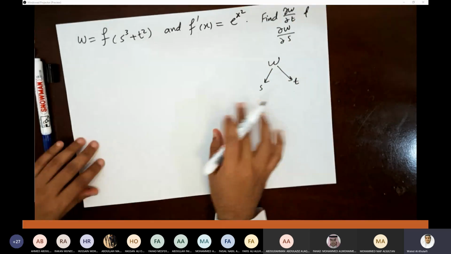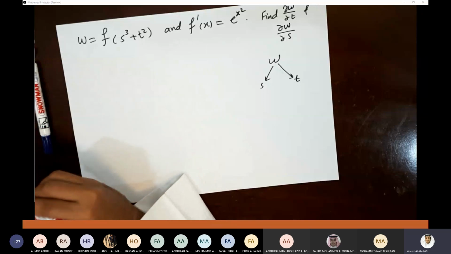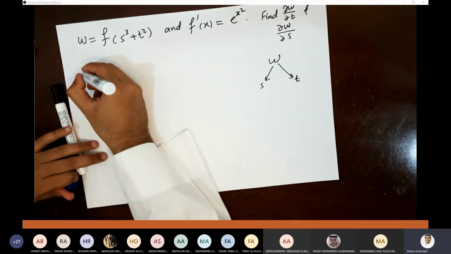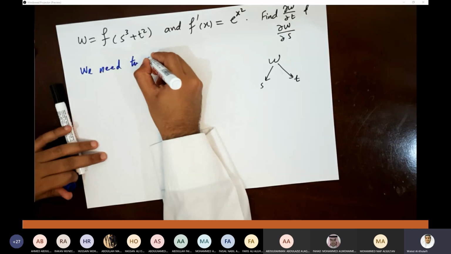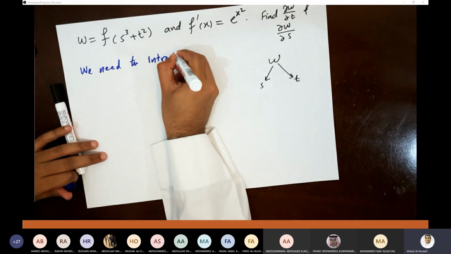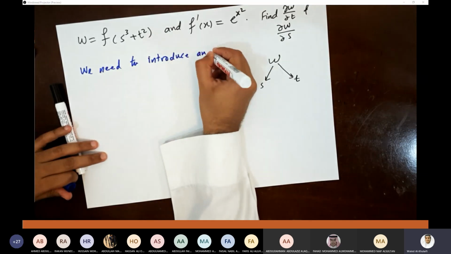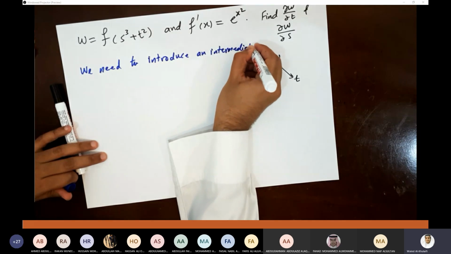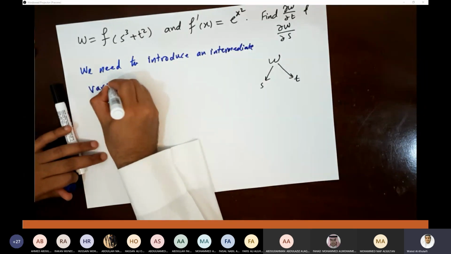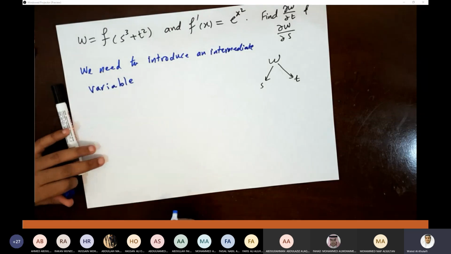So what we'll do, let me do it here in blue. We need to introduce an intermediate variable, to make it easy for us.